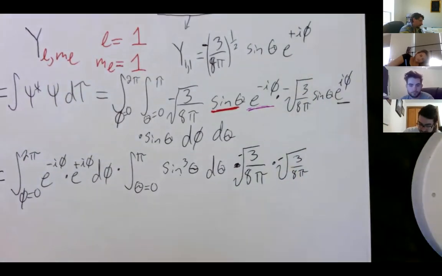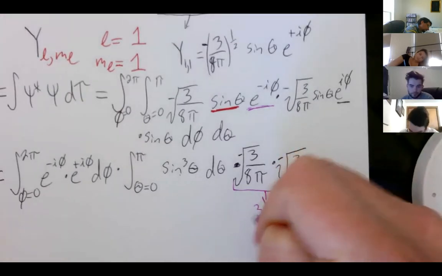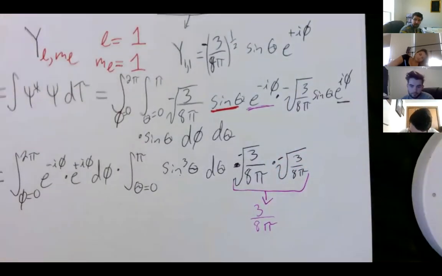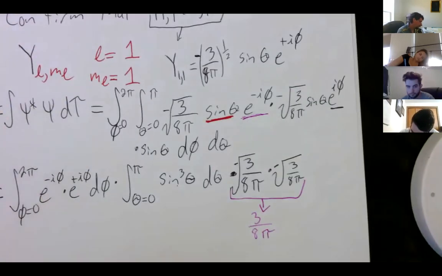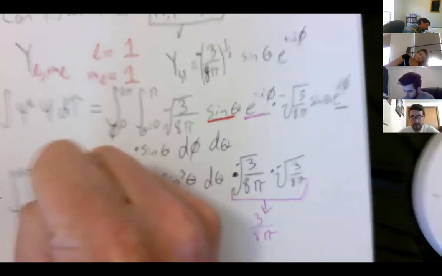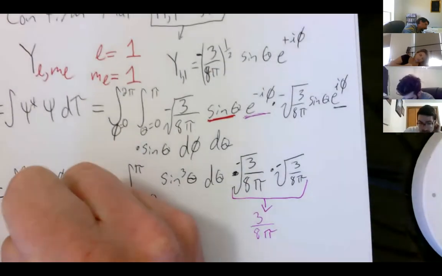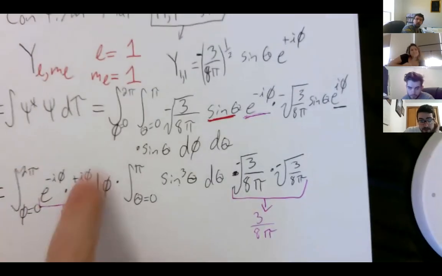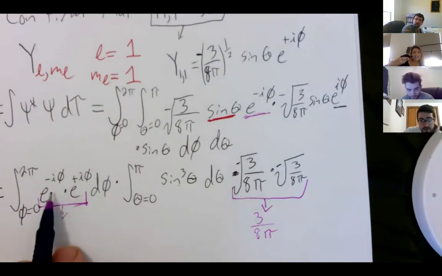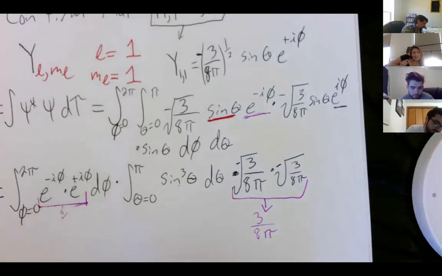What does this term become? 2 pi. And this becomes 1.